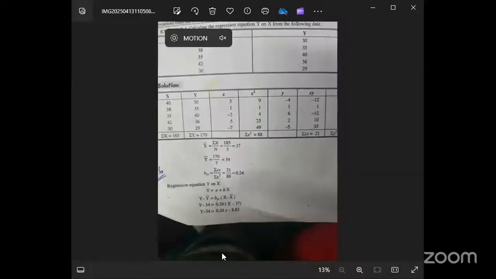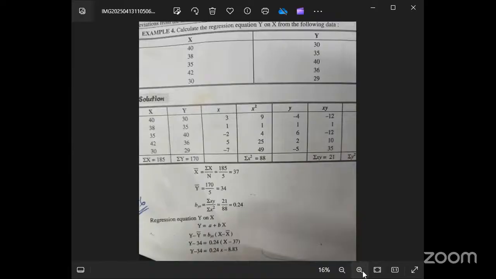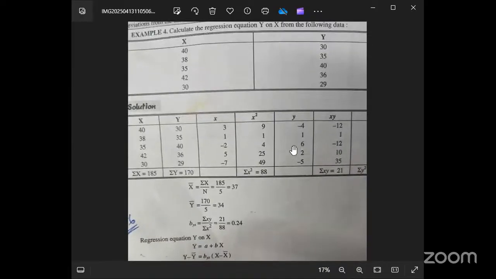So here is the problem with the solution part. See, x values 40, 38, 35, 42 and 30, whereas y values are 30, 35, 40, 36 and 29.